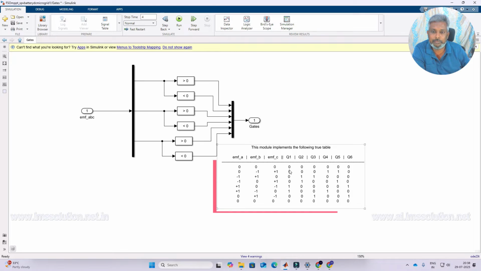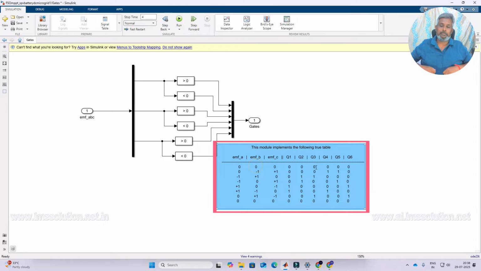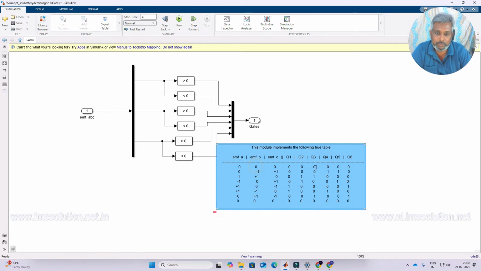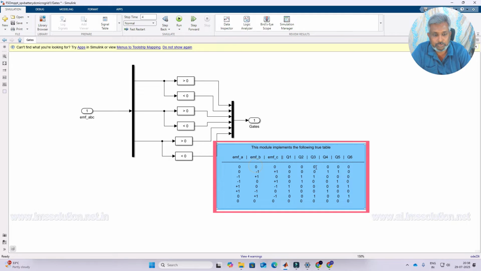Next we are converting that back EMF into switching pulses. The BLDC drive is connected via a voltage source inverter. It has six switches, so those six switches should be controlled based upon back EMF. Back EMF has 3 states: 0, plus 1 and minus 1.